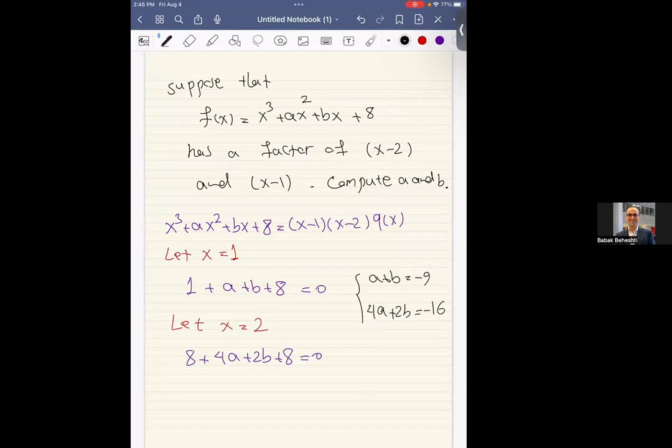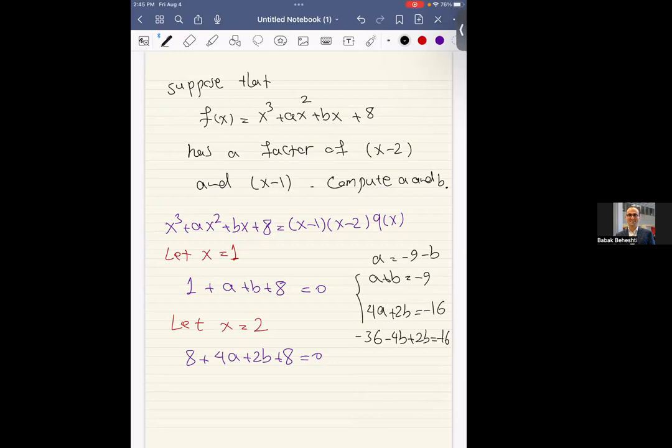I got it. Okay, so if you use substitution from the first equation, A is -9 minus B. You plug this into the second equation. You have 4 times -9, which is -36, minus 4B plus 2B equal to -16.